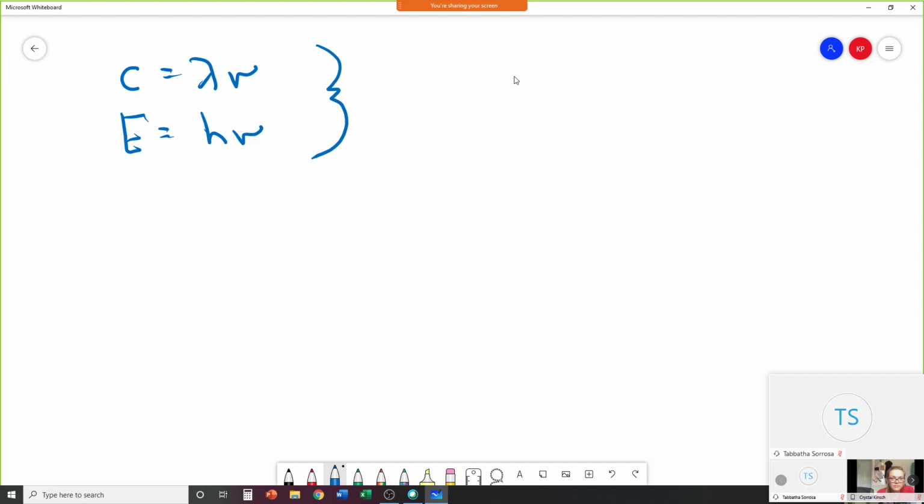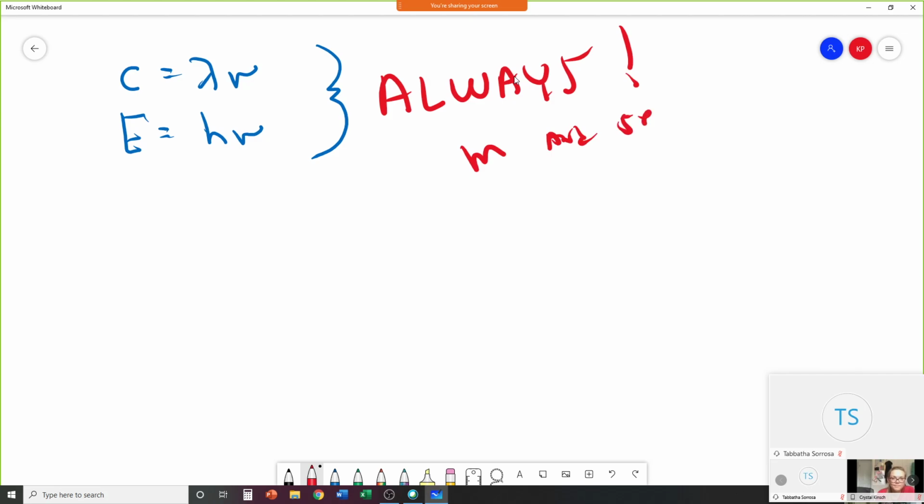And what do we know here? Always meters and seconds, right? Always. If you put in something other than meters and seconds, you will get an answer and it will be wrong.